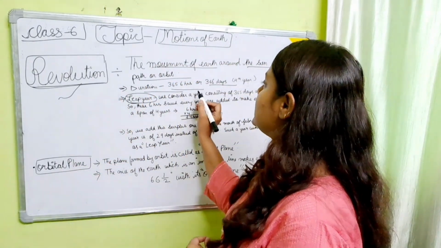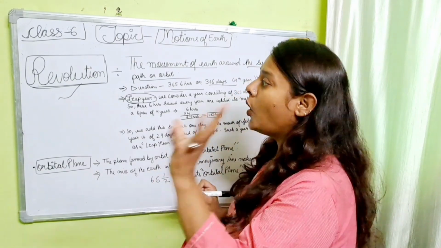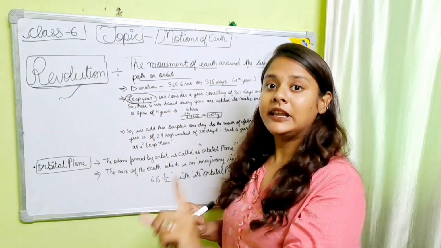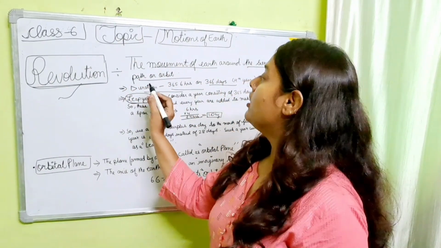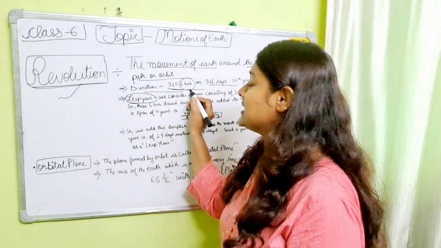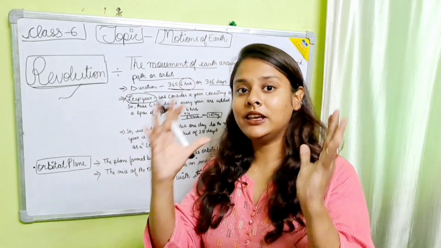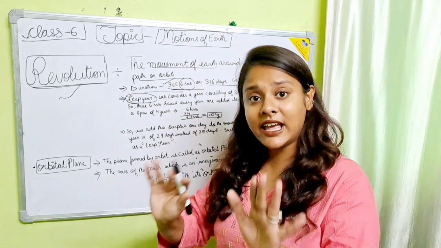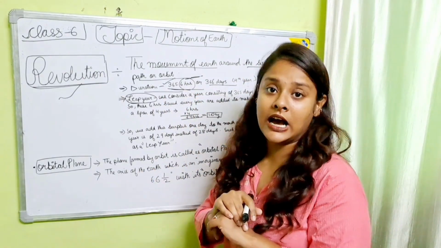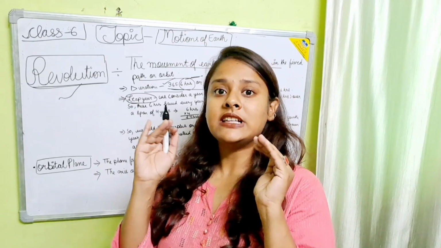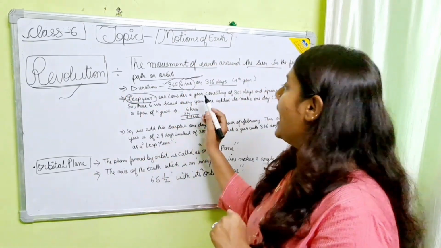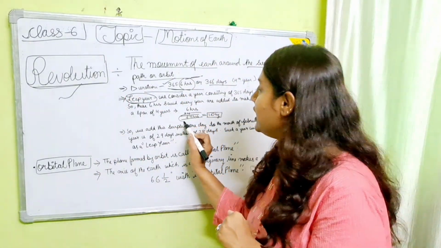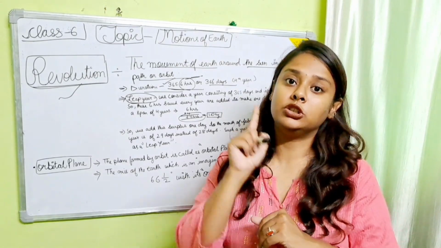When we say that the duration of the Earth to complete one revolution is 365 days and 6 hours, we consider a year consisting of 365 days. But we ignore these 6 hours, and these 6 hours add up over 4 years to a sum of 24 hours, which is equal to 1 day.